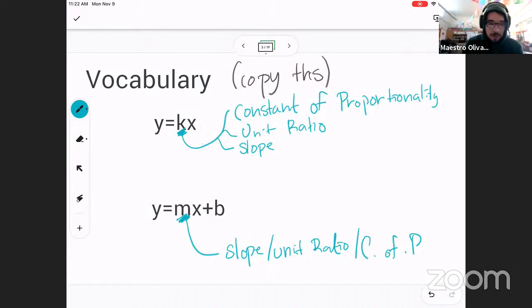In fact, let me write that down. The number in front of your x is your slope.